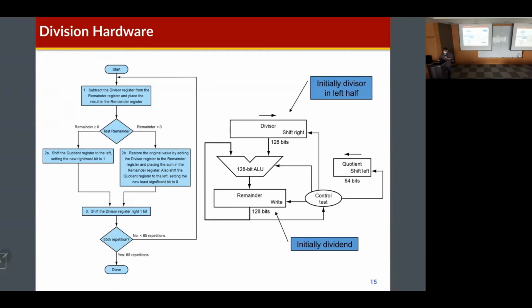Well, actually, if we just implement a very simple divider, like a simple multiplier, which consumes 32 or 64 clocks, we can implement a simple divider like this.